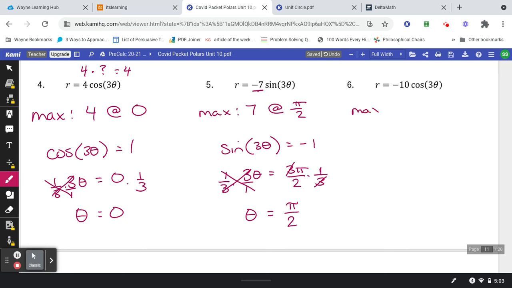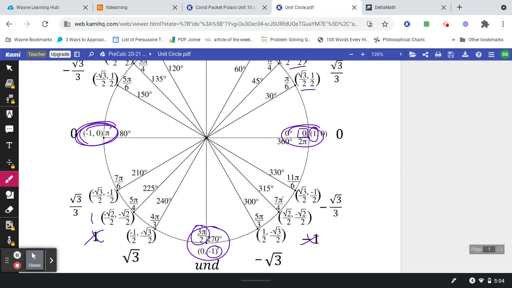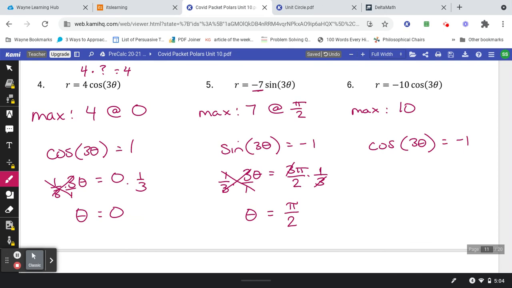Last one, example 6, and then we'll start graphing. Maximum of 10. So that happens when you have a negative 1. Negative 10 times negative 1 is positive 10. Cosine is negative 1. Over here, there's that cosine, so we'll write pi down.